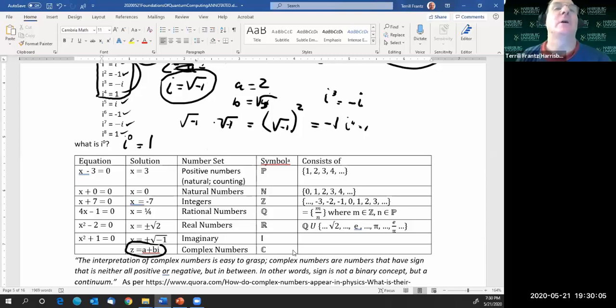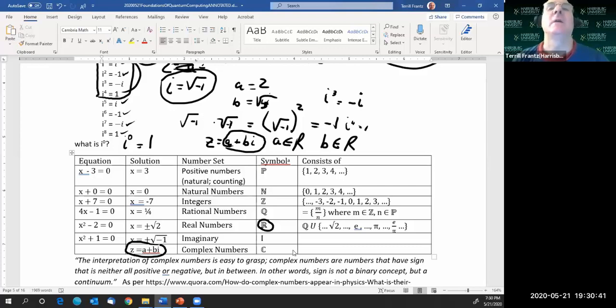So I have a complex number here, and here's where it's going to get weird, and this is why we don't necessarily learn it in grade school all the time. This here is a complex number where a is an element of the real numbers, and b is an element of the real number set as well.